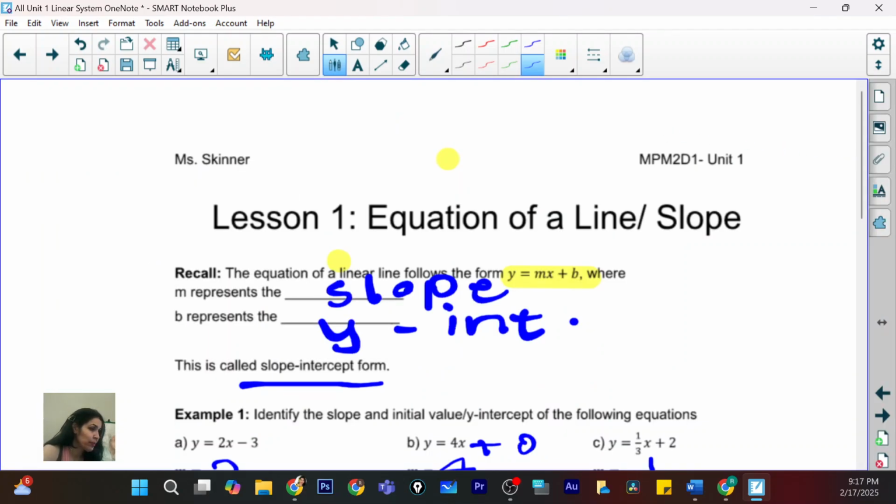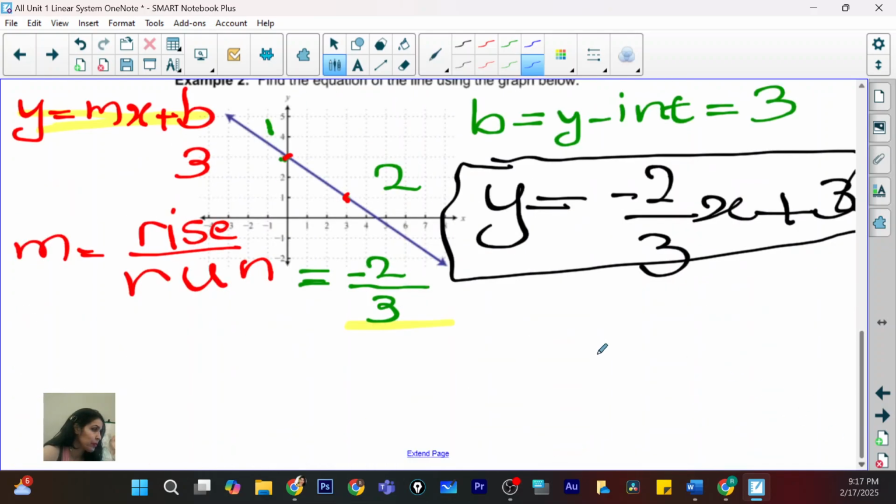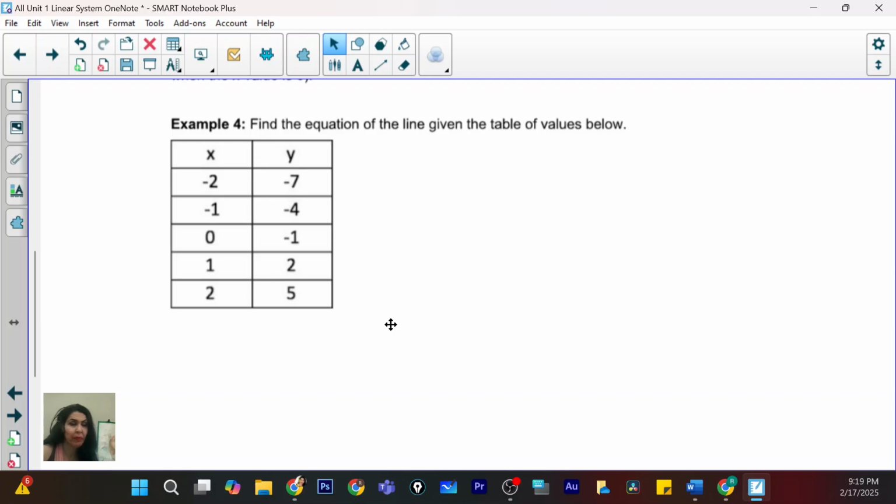Last question. Last question, we have a table of value and we want to find the equation of the line.